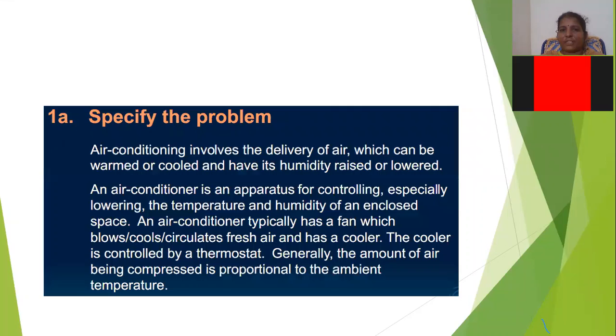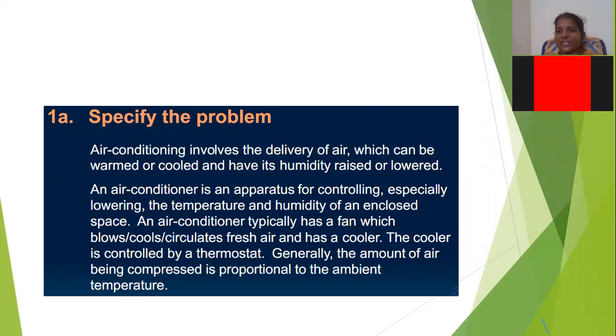So here we shall consider the air conditioning problem. Due to the weather conditions prevailing outside, almost 90% of the people are utilizing air conditioners, which can be used for maintaining the room temperature cool or having its humidity raised or lowered.